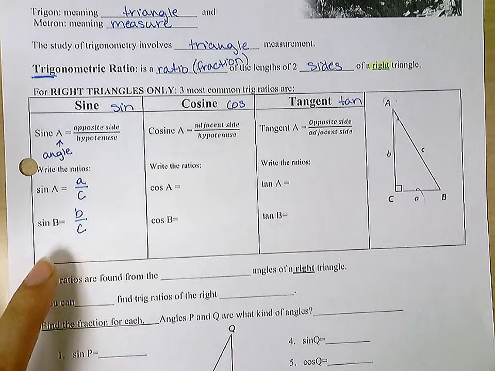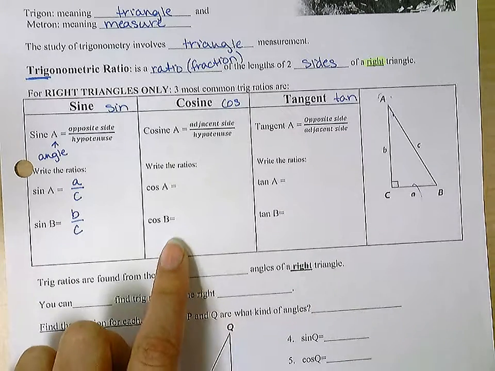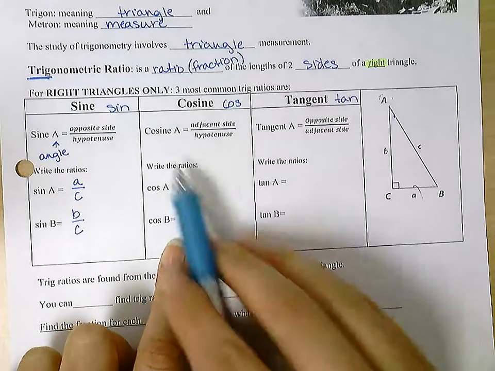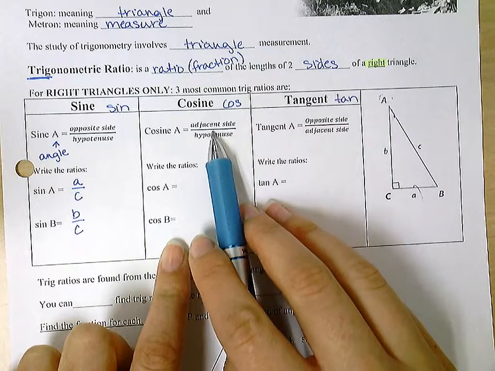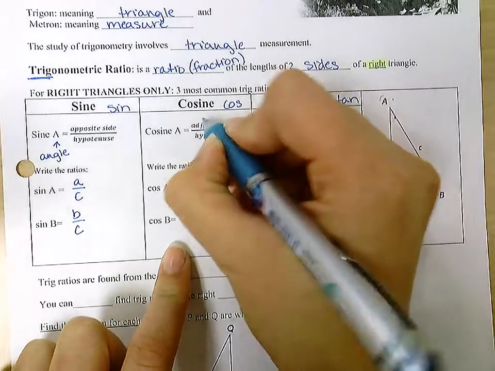Just writing out that ratio or fraction. We're going to do the same thing with cosine. Cosine is adjacent side over the hypotenuse, adjacent meaning next to.